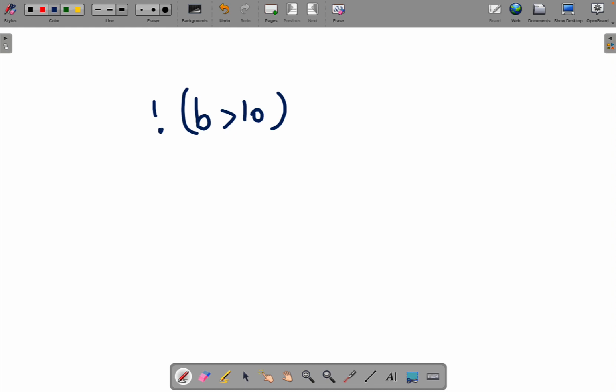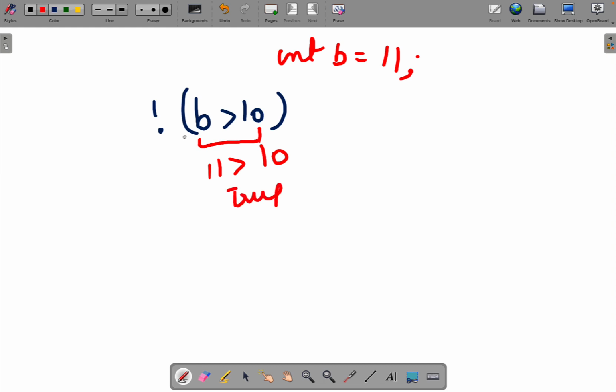And if you add a not here, first it will take this value, is B greater than 10. Let me add a variable here, int B equals 11. So first it will check, is 11 greater than 10, the result will be true, but then we have a not here, so the result will be false.